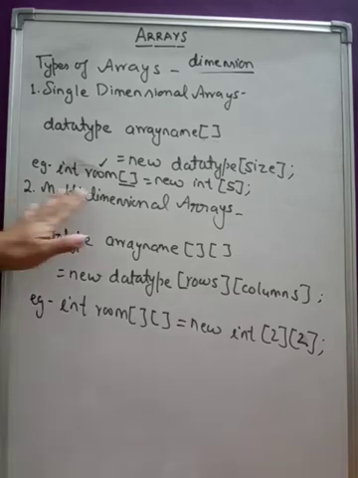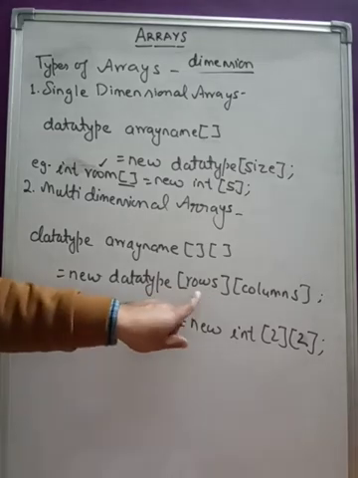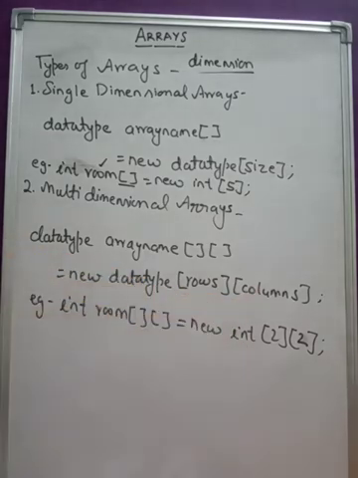So the multi-dimensional array is sometimes called a matrix array, or an array that can store more than one dimension. Two dimensions are there, rows and columns, which means all the values will be stored in tabular form. So it is sometimes called a matrix also.